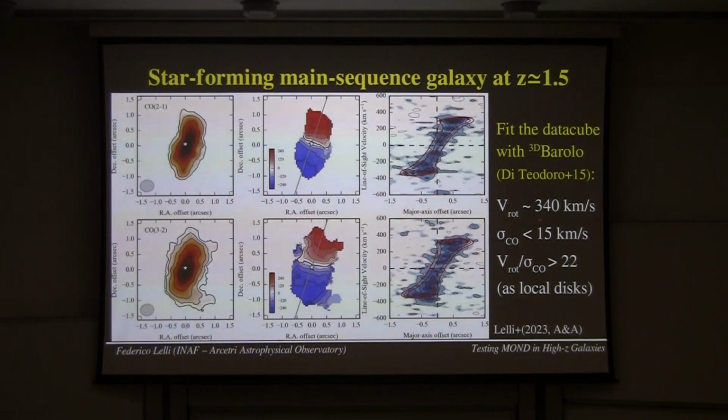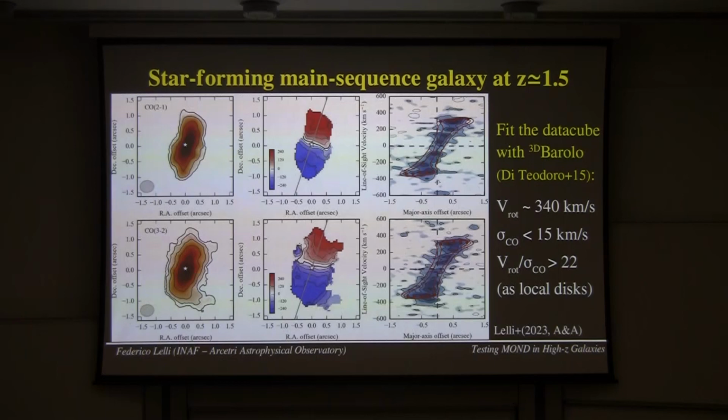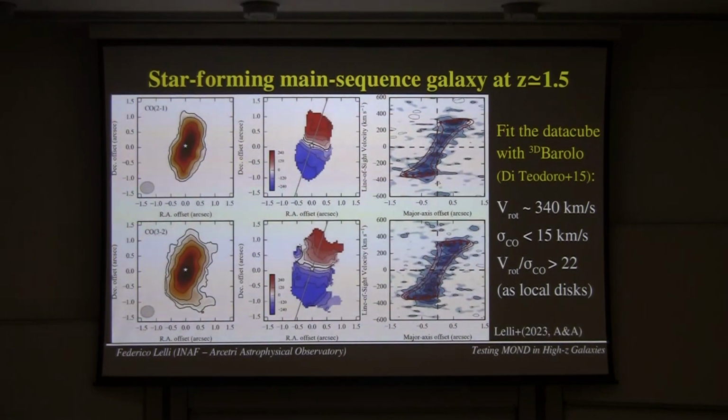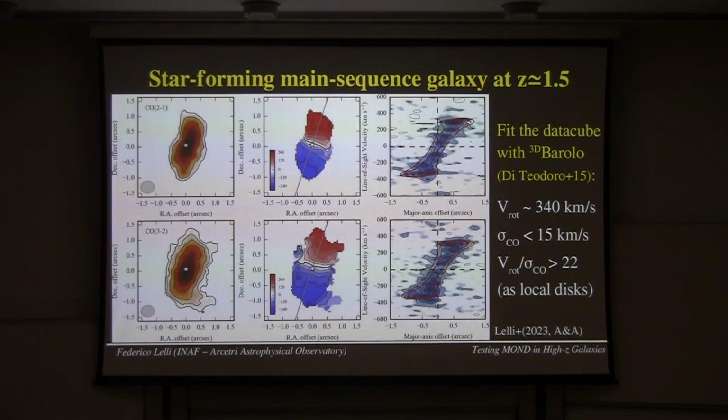And surprisingly, the velocity dispersion of the CO is very small. Actually, we cannot measure it. This is just an upper limit that is driven by the spectral resolution of the ALMA instrument, which is extremely good. So the V over sigma ratio is very high, and this is just to say that these are rotation-supported gas disks, and we don't have to worry about pressure corrections or things like that. The rotation velocity that we see is a good, faithful tracer of the potential.